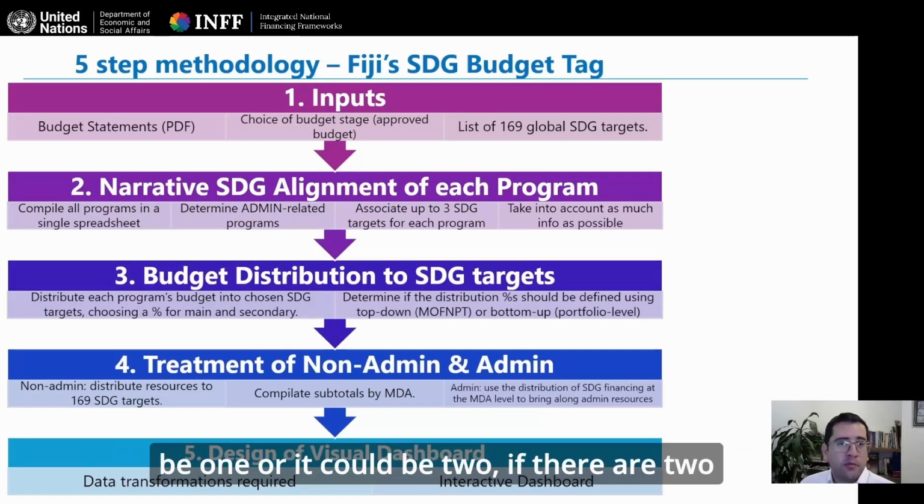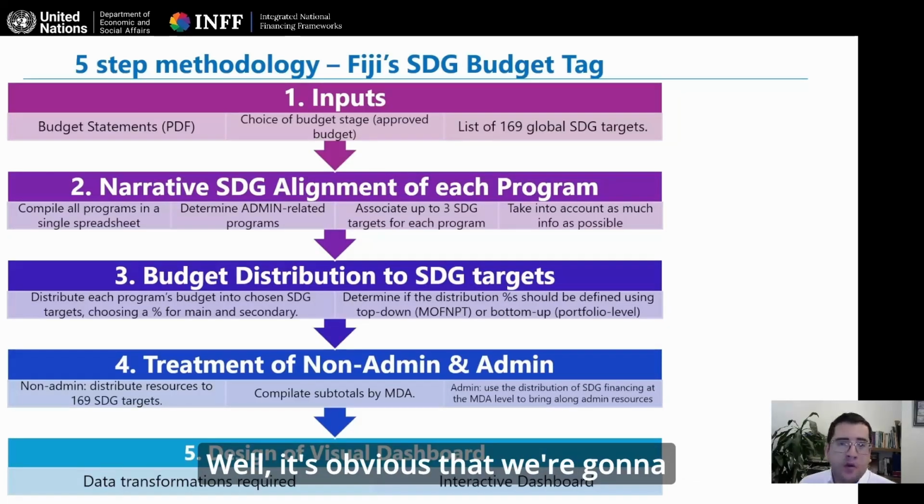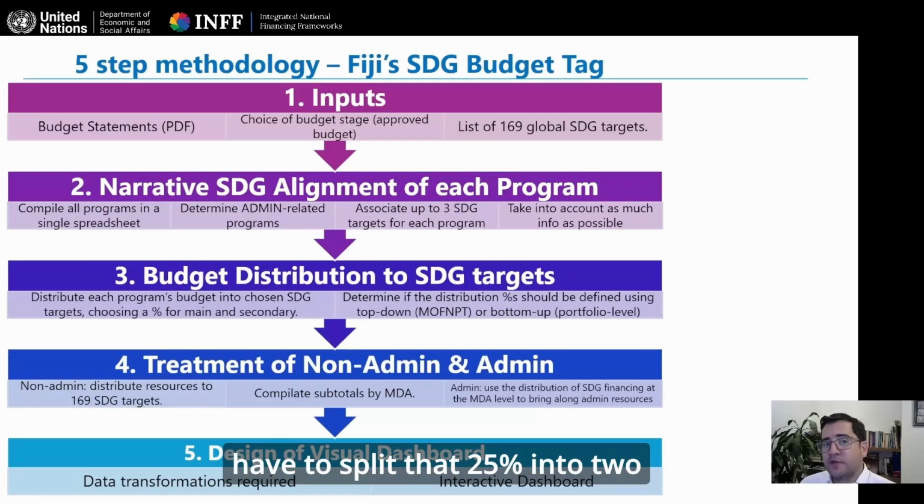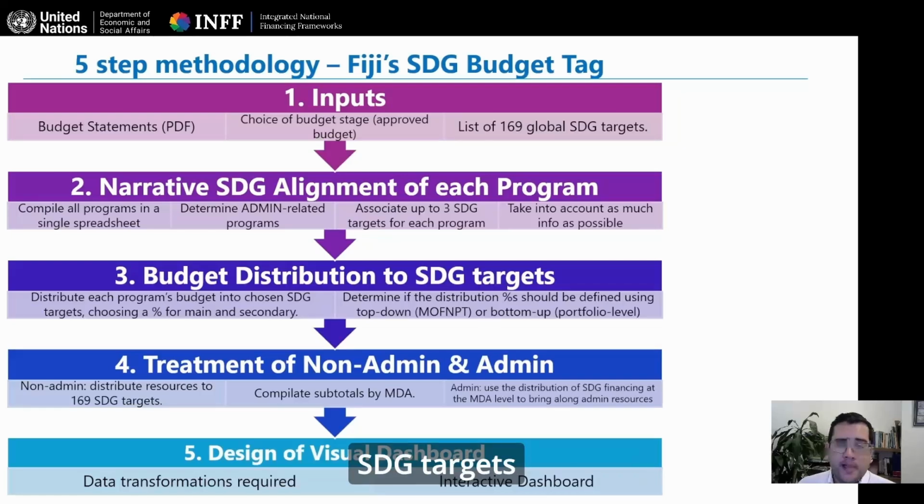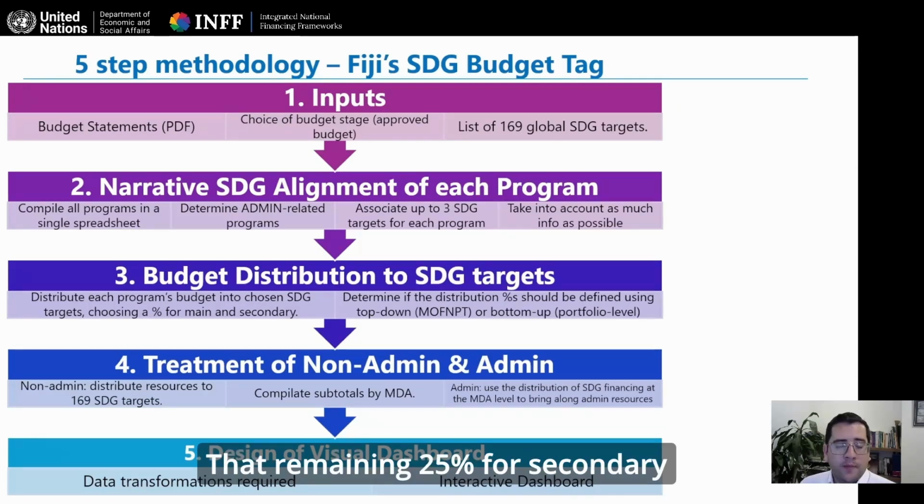It could be one or it could be two. If there are two, well, it's obvious that we're going to have to split that 25% into two SDG targets. So you can choose multiple ways to allocate that remaining 25% for secondary targets.